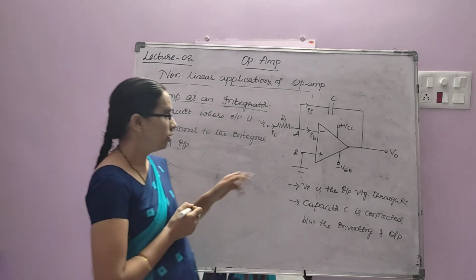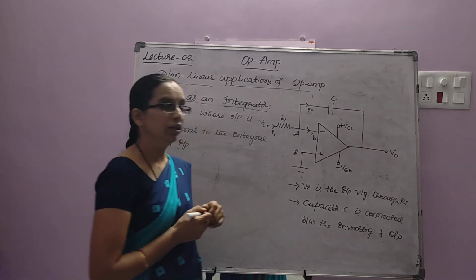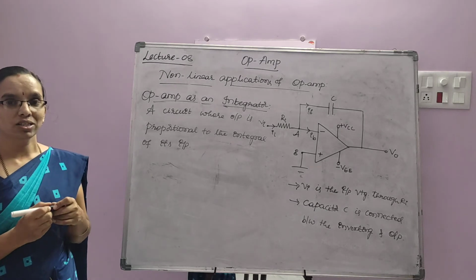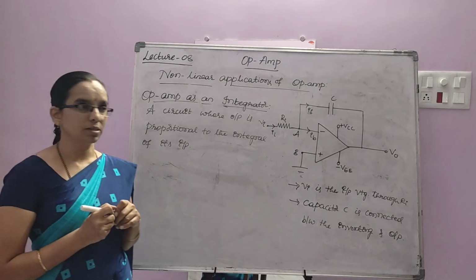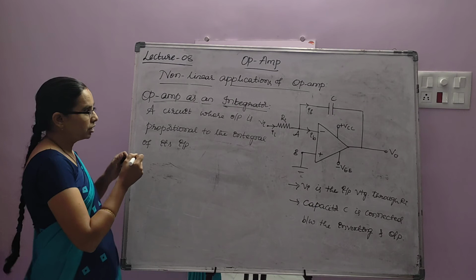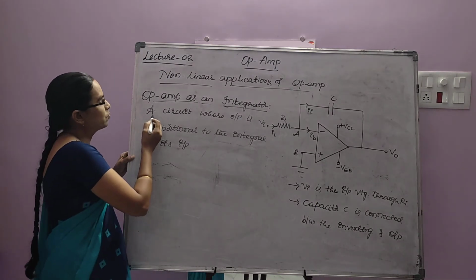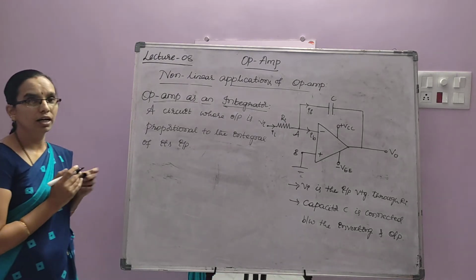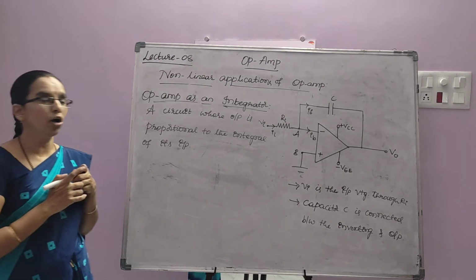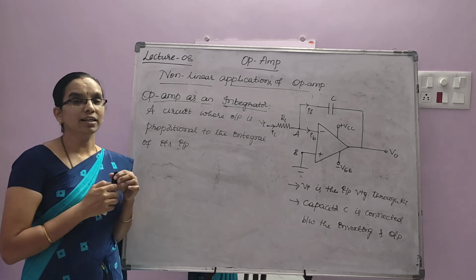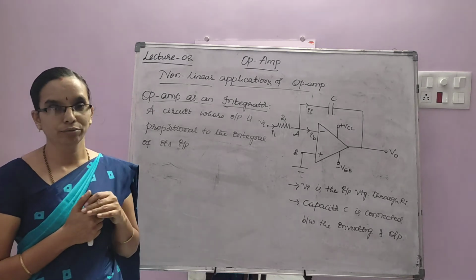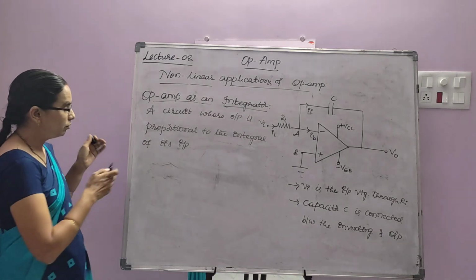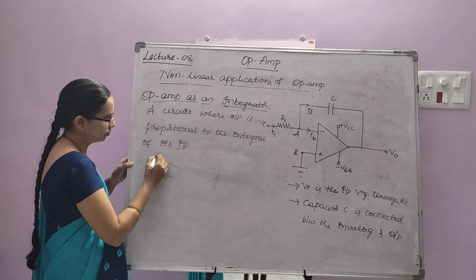The non-inverting terminal is grounded, so the inverting terminal, point A, is also treated as zero potential, by the virtual ground concept. The definition is: a circuit whose output is proportional to the integral of its input. That means the output is the integration of the input signal. Here we consider an ideal op amp.